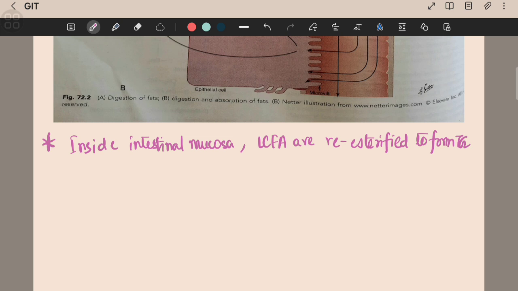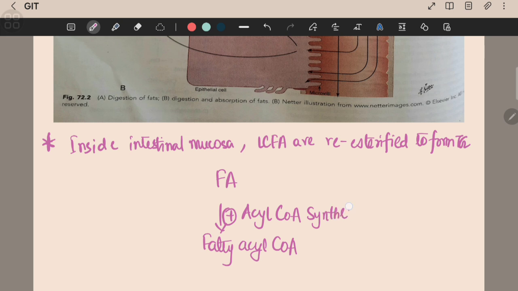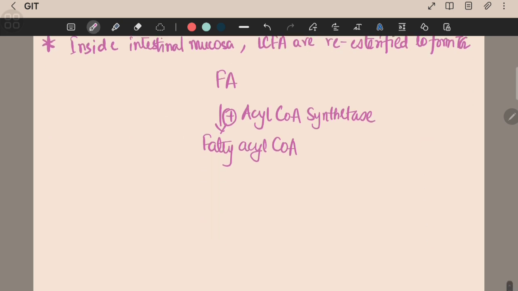Now it is a bit of biochemistry. The fatty acids are activated and form fatty acyl CoA by a particular enzyme, acyl CoA synthetase, also called thiokinase. Whenever we talk about synthetase, remember that there is hydrolysis of ATP.